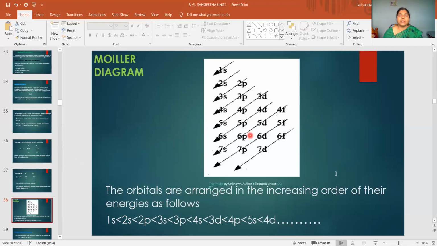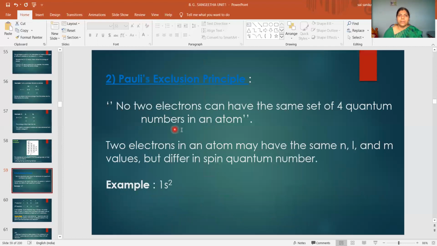According to Aufbau's rule, electrons enter the orbitals in the increasing order of their energies. That means lower energy orbitals are filled first, then higher energy orbitals are filled. The next, second rule we follow to write the electronic configuration is Pauli's exclusion rule.